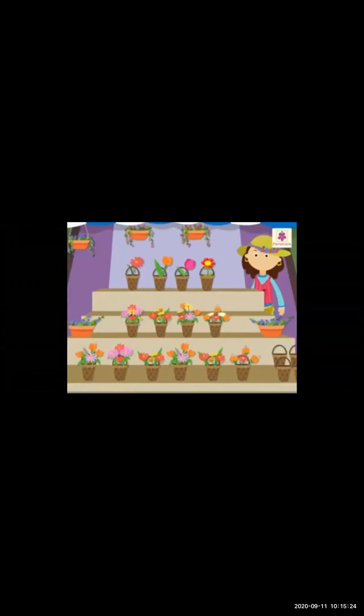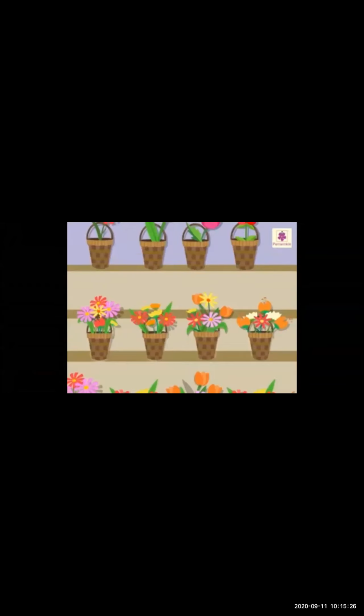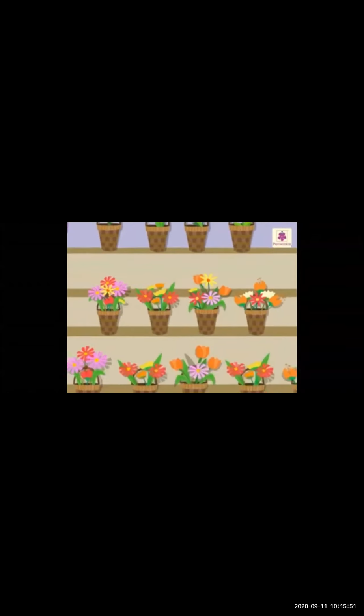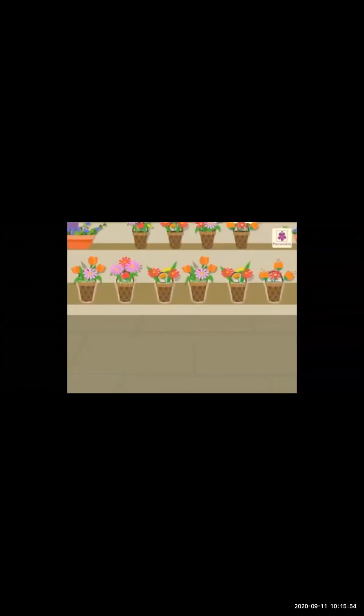Look here. There are 4 baskets. Each basket contains 6 flowers. How many flowers are there altogether? 4 into 6 is equal to 24. So, there are 24 flowers. But look here. There are 6 baskets and each basket contains 4 flowers.